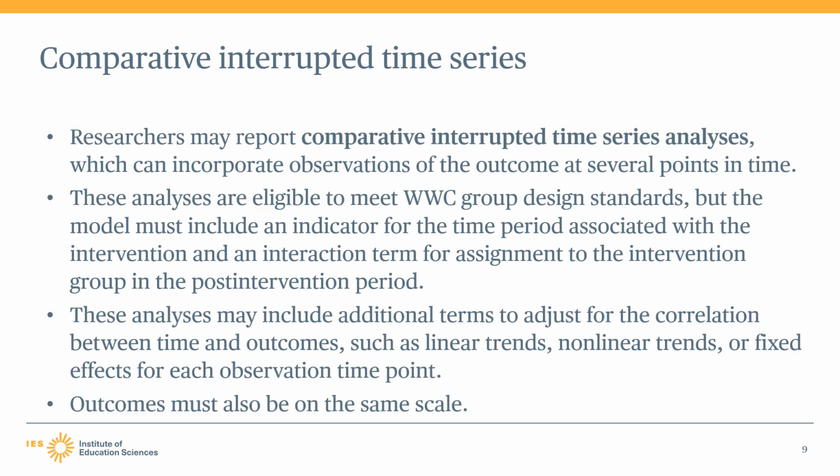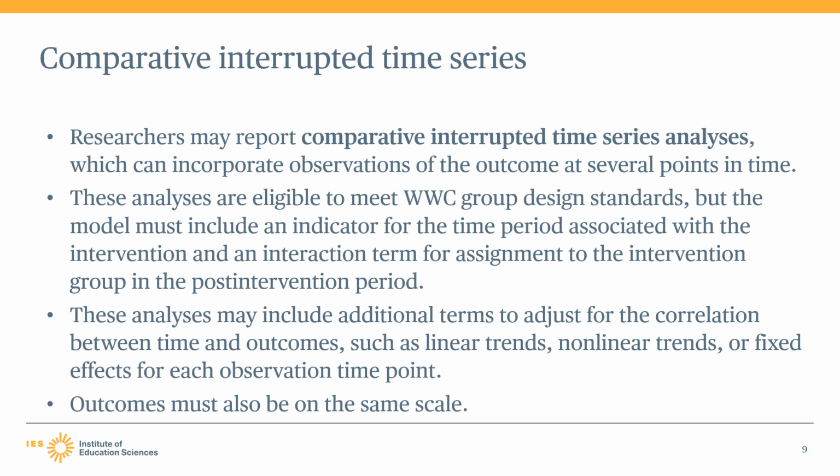Another common type of repeated measures analysis that WWC reviewers may encounter are comparative interrupted time series. In these types of analyses, units are assigned to conditions and observed at several points in time. As a generalization of the difference in differences approach, these types of analyses are also required to include an indicator for the time period associated with the intervention, as well as an interaction term for assignment to the intervention in the post-intervention period.